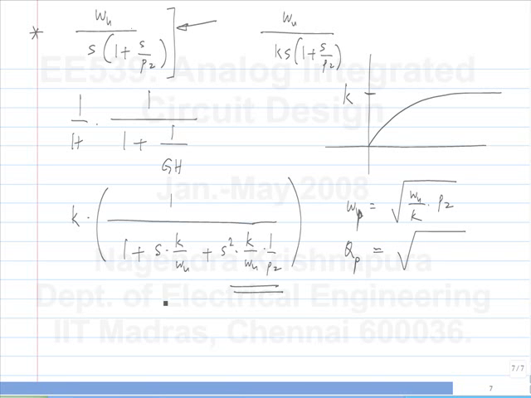So these terms are basically, if you reduce the denominator to the standard form, the omega p and Qp are the constants in the standard form. Okay. So Qp will be omega u by k times p2.